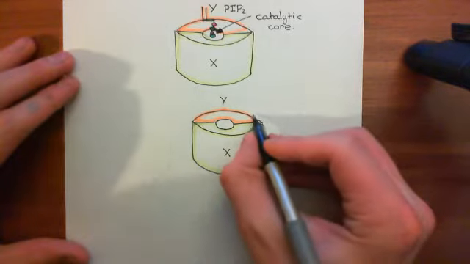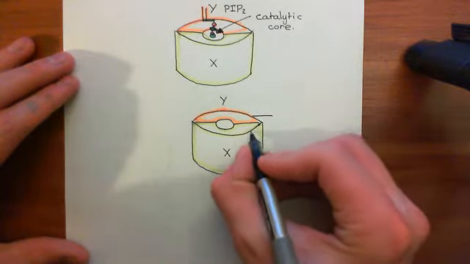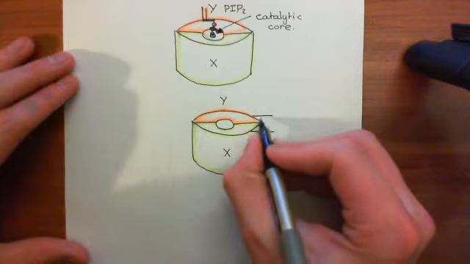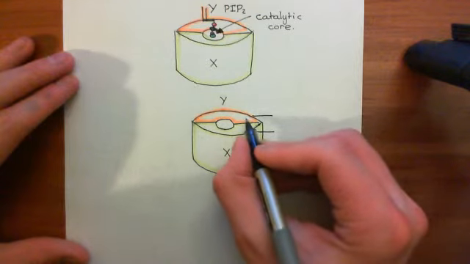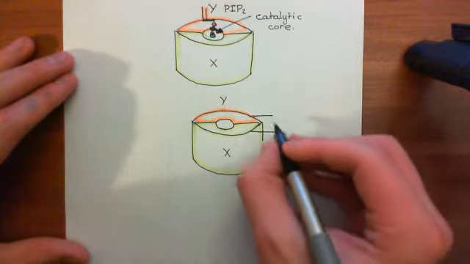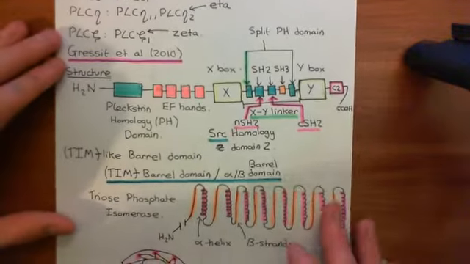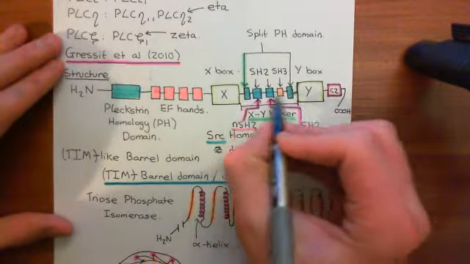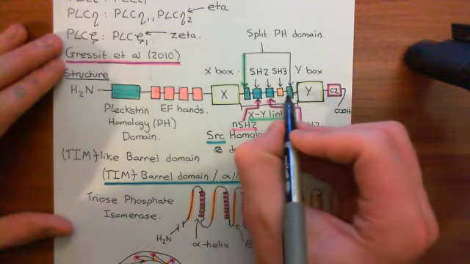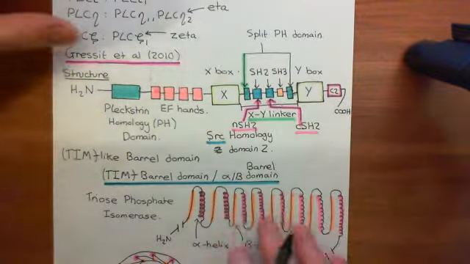So remember this is the linker between the end of the X domain here, and the start of the Y box here. Now if we go back to our primary structure, remember between the X and the Y, what we had was this split pleckstrin homology domain.